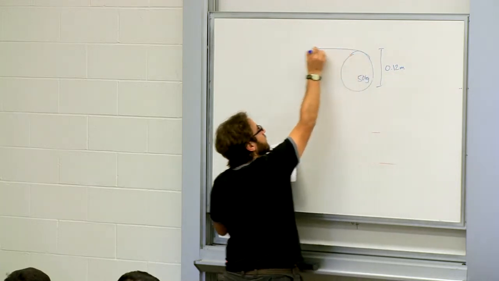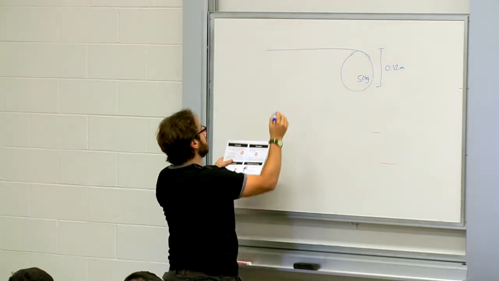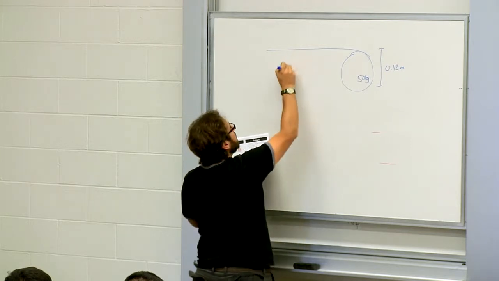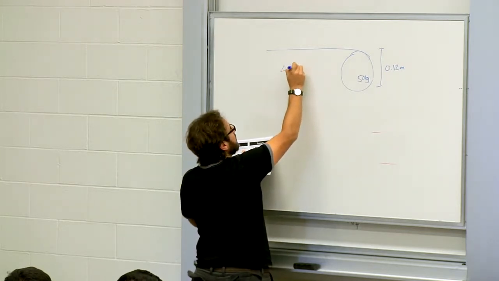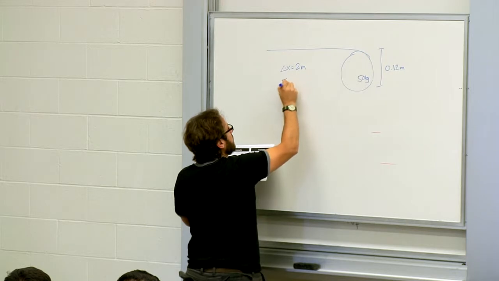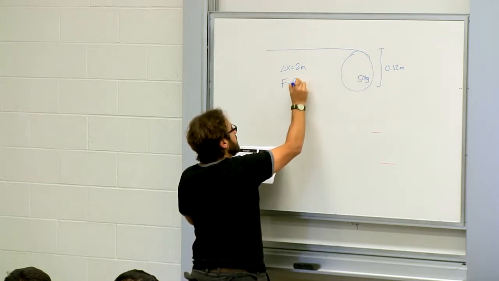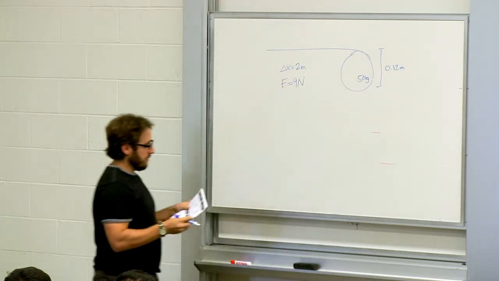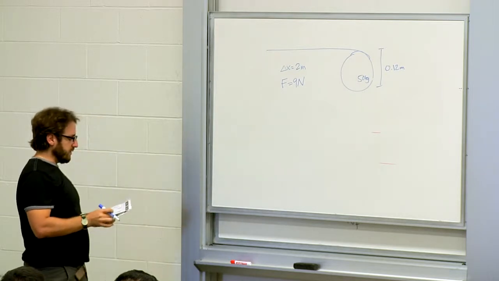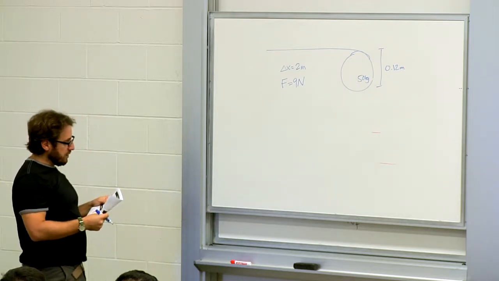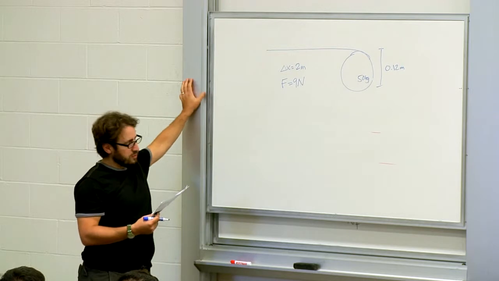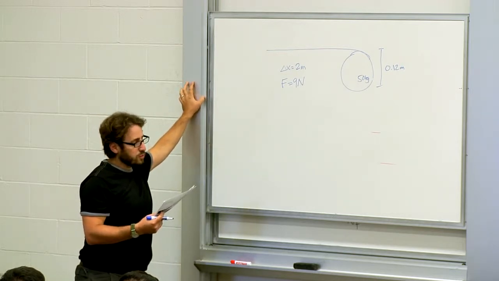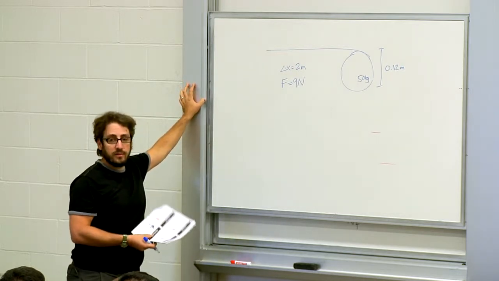There's a rope attached to it, and the rope is pulled by 2 meters, and the force is 9 newtons. What is the final rotational speed of the pulley?